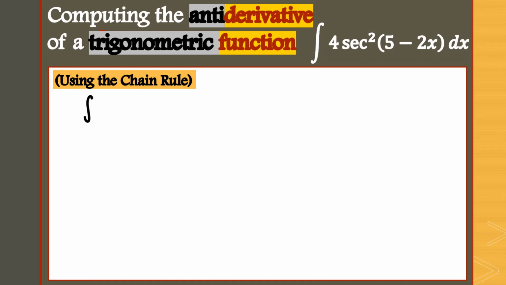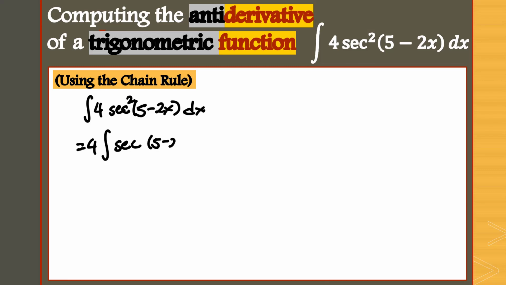You have here the integral of 4 secant squared of 5 minus 2x, or the square of secant of 5 minus 2x, dx. Okay, so let's take out 4. It's a constant multiple, so you have here the integral of the square of secant of 5 minus 2x dx.